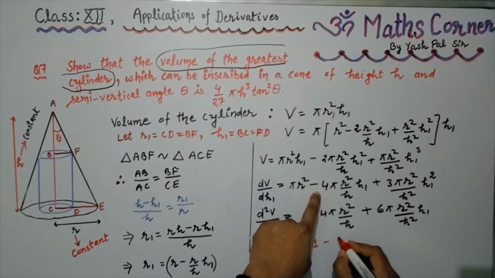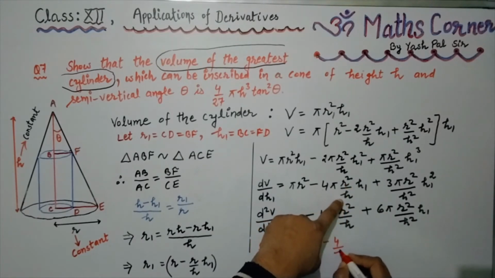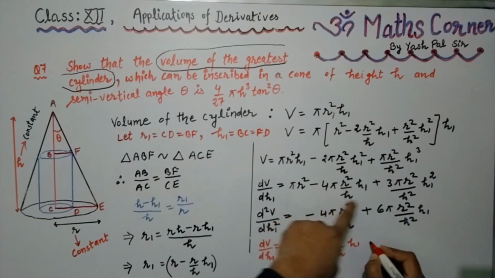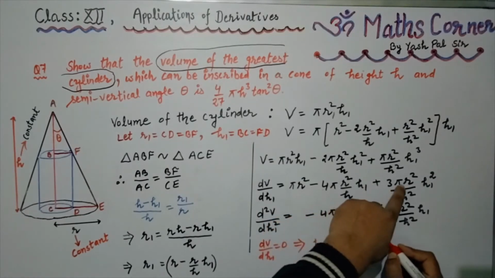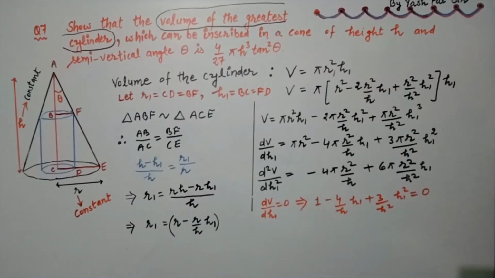So what we are left with, 1 minus 4 upon H into H1 plus 3 upon H square into H1 square is equal to 0.